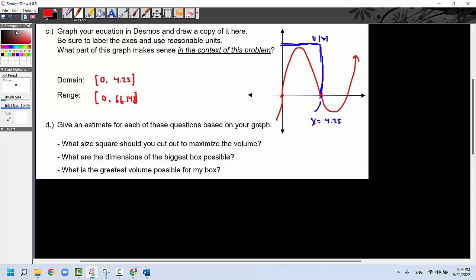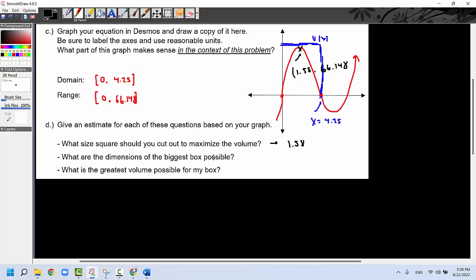Well, hopefully it makes sense that the max volume shows up right here at the tip of this curve, which occurs at 1.58. And the y-coordinate of that is, again, 66.148.